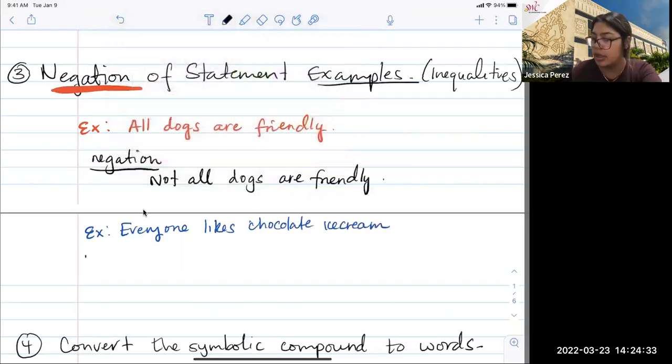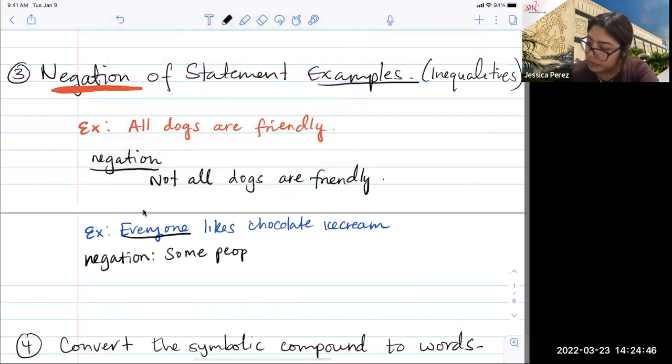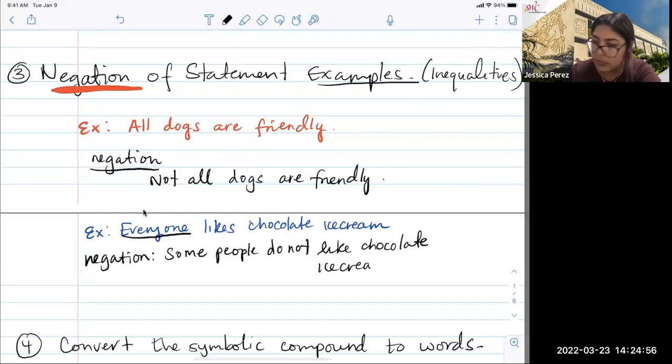You're negating the first. We say some people do not like chocolate ice cream. That would be the negation.